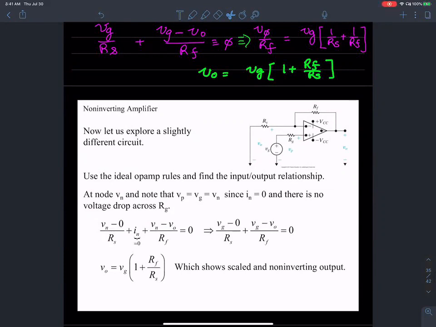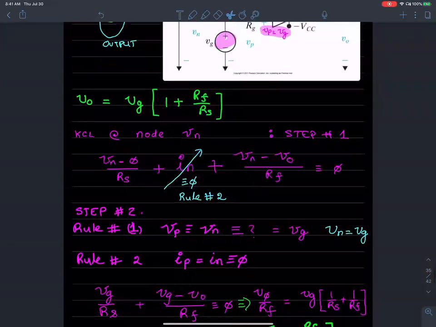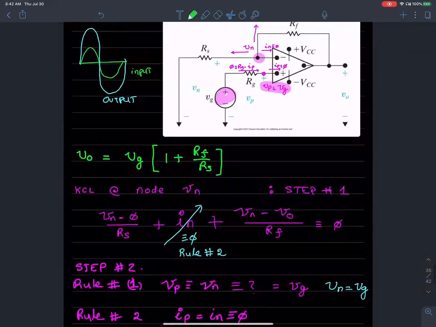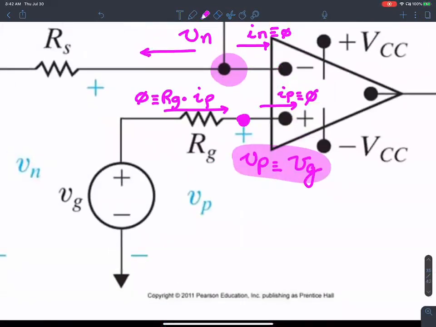Yes. I have a question about RG. Why is RG there? Yeah, we could have applied VG directly to the positive terminal as well. But typically what happens is we may or may not plug this in ourselves. This is automatically associated with the voltage source. Sometimes the voltage sources are not ideal.